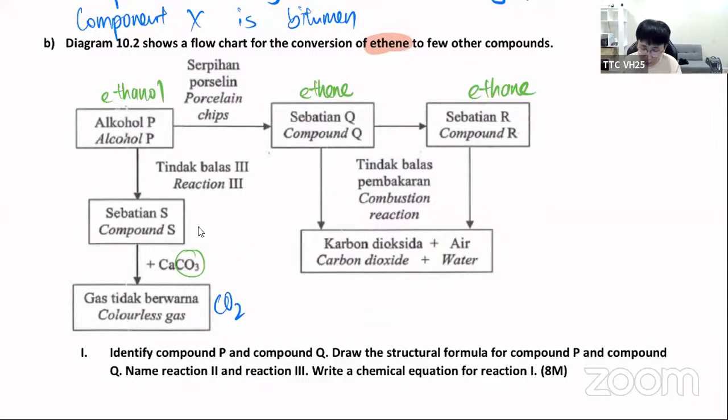So compound S must be acid. This one cannot run. Only acid plus CaCO3 can get you CO2, a colorless gas. So what is compound S? Your alcohol can turn into an acid by doing oxidation. So when you do oxidation, you get ethanoic acid.